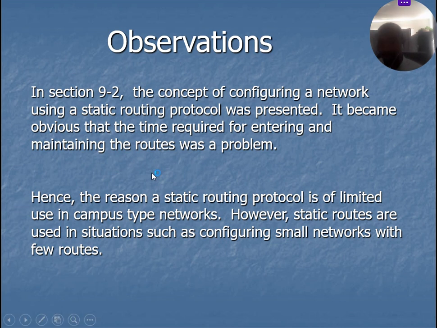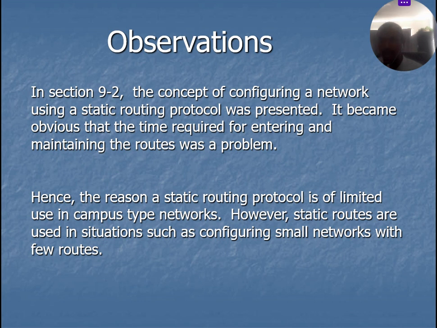However, dynamic routing protocols are divided broadly into two categories. One is the distance vector routing protocol, and the second one is the link state routing protocol.